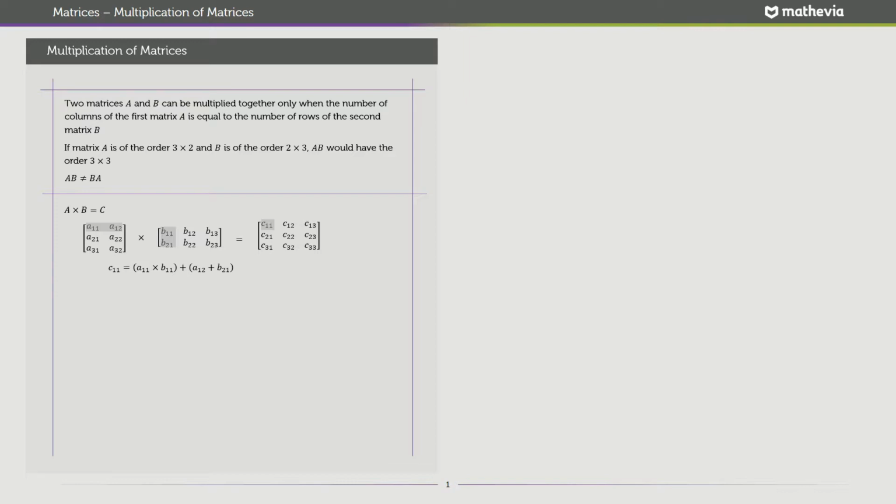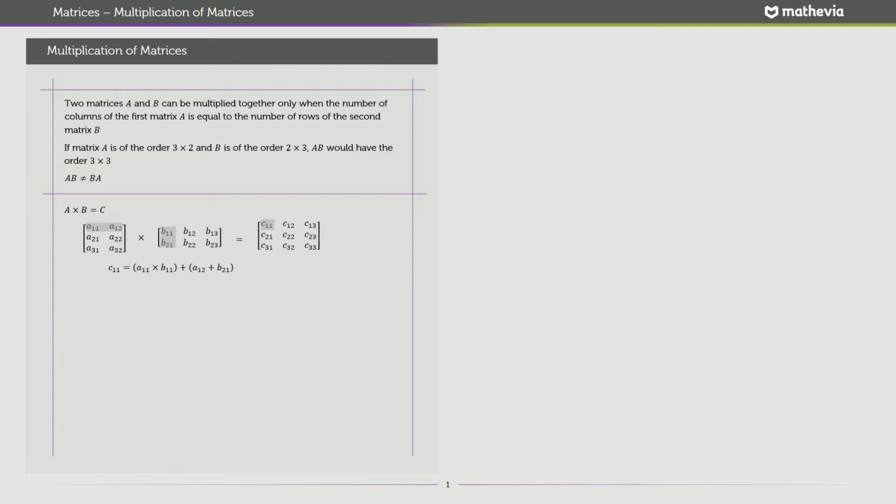It looks long, but just think about it. Let's pick out another one. If you're looking to find C23, the element of C in the second row and third column, you make use of the second row of A and the third column of B, and that would be A21 times B13 plus A22 times B23.